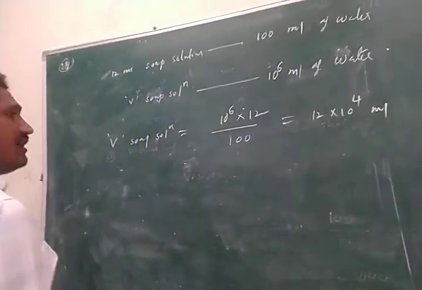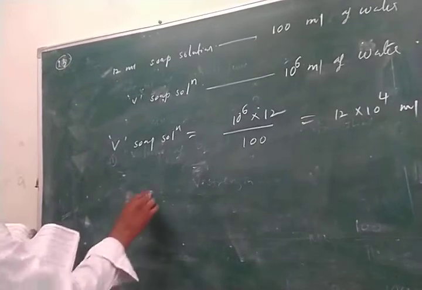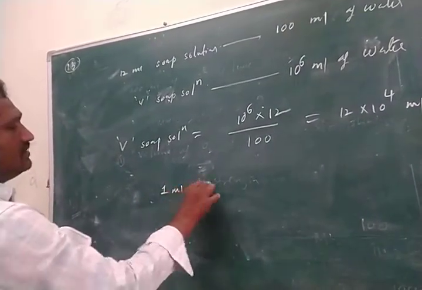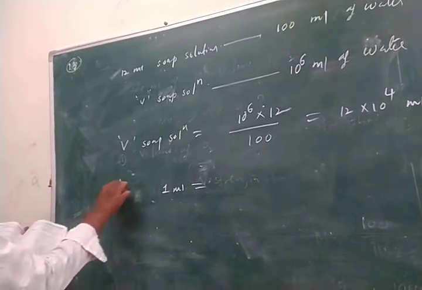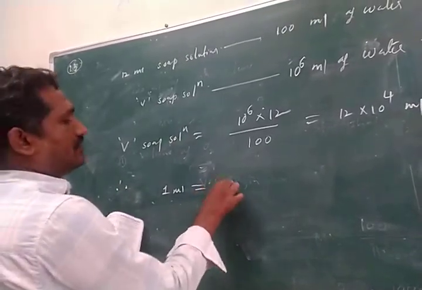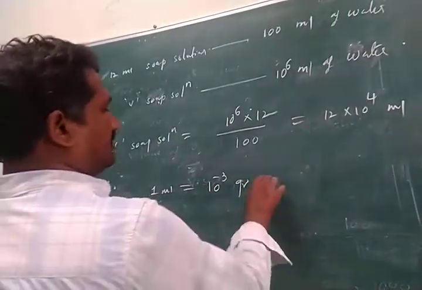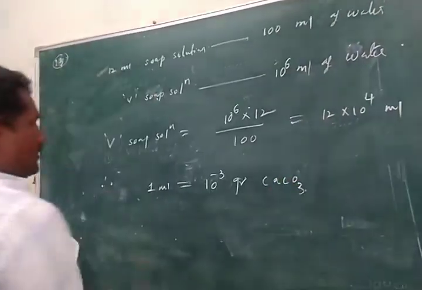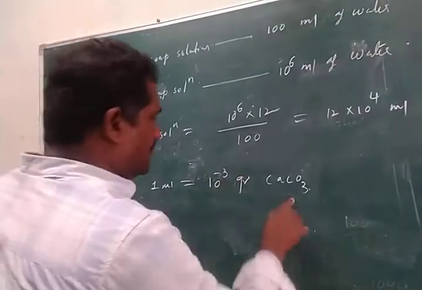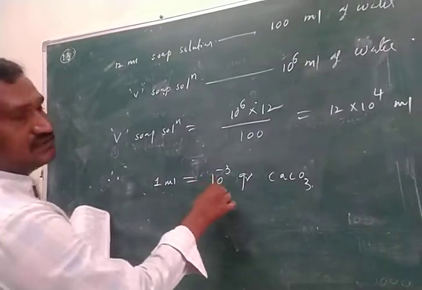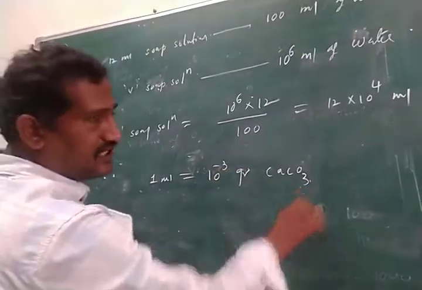Now for the degree of hardness, in the question they have given 1 ml equals 10 power minus 3 grams of calcium carbonate. Then 1 ml of soap solution contains 10 power minus 3 grams of calcium carbonate.